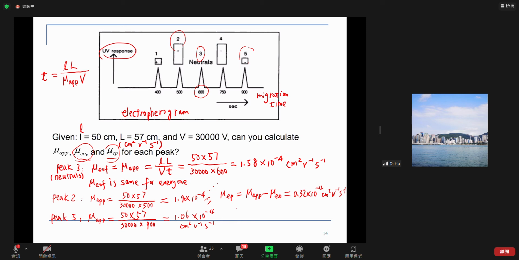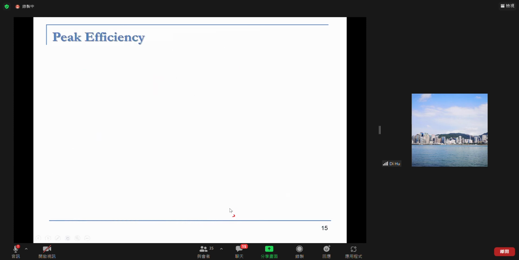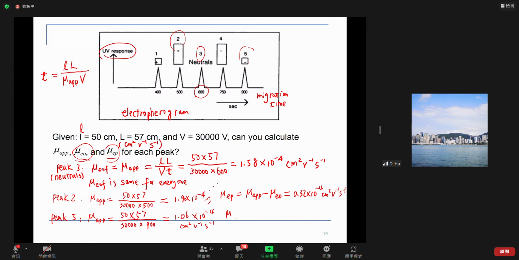And then I got mu EP, again, equal to the apparent mobility minus the osmotic mobility.